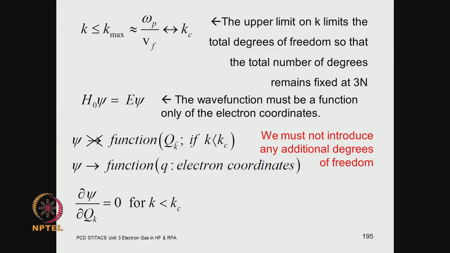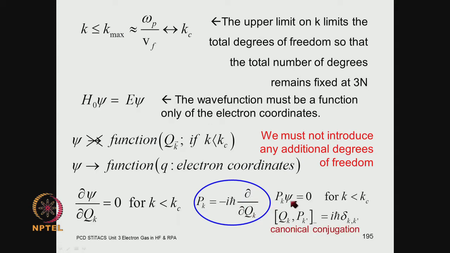So, if del by del q of psi is 0, which it must be because you are not allowing any additional degrees of freedom, the momentum operator, which is given by minus i h cross derivative operator, when this momentum operator operates on the wave function, you will get a 0, because this momentum operator is nothing but the derivative operator. So, for k less than kc, this equation holds.